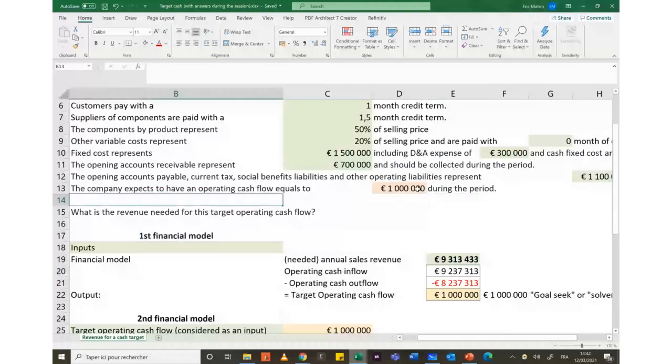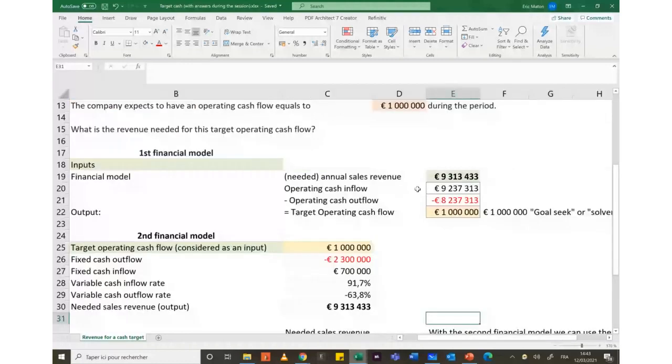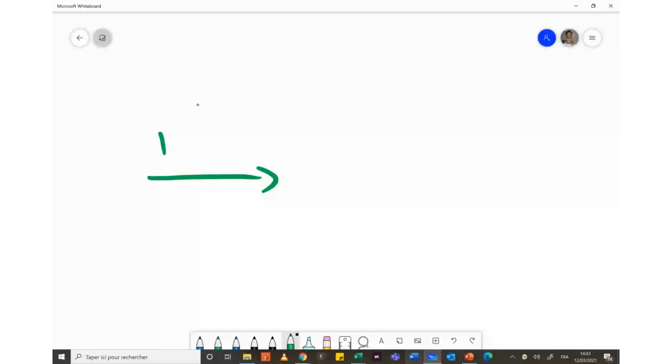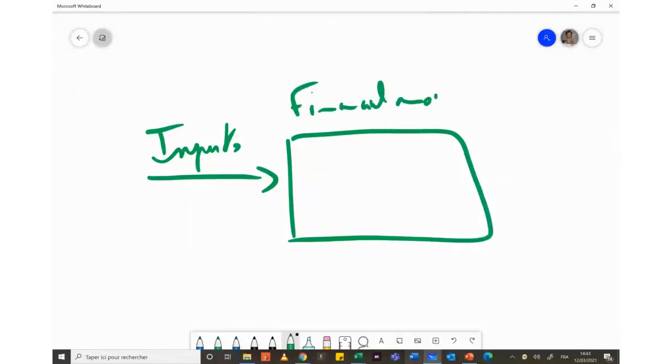Just to give you some examples and to explain the two ways to find what we need for a target. You can say we create the normal financial model. We start from the inputs. We have the financial model with links to the inputs. And we have the outputs.